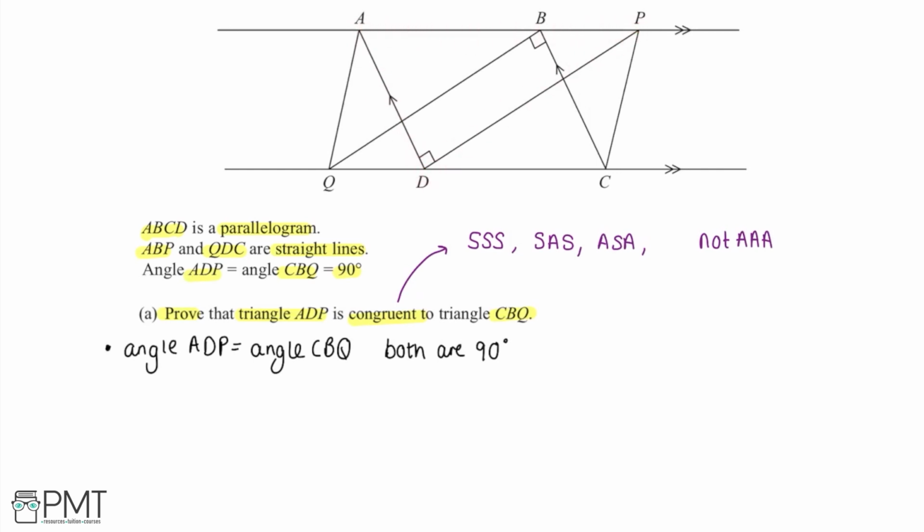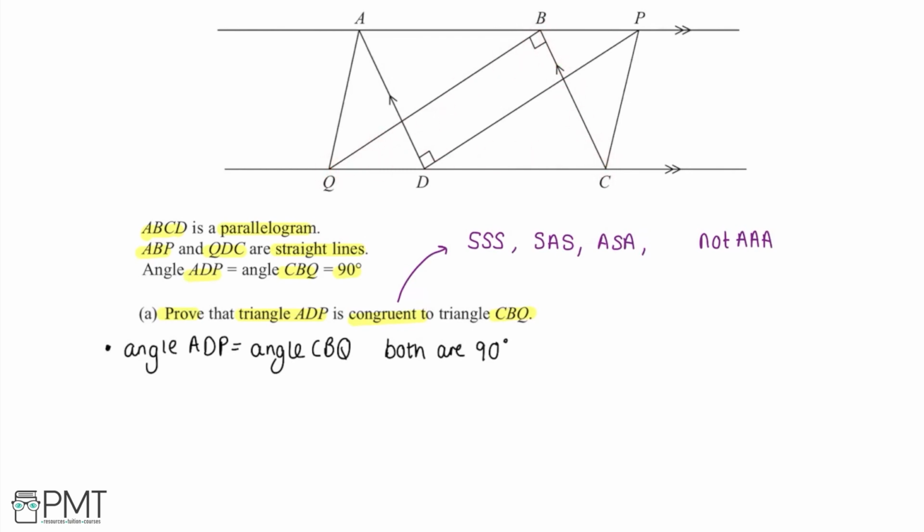So then moving on again, looking at the triangle ADP, we have this side here, side length AD, and side length BC. Now these are parallel, they're in a parallelogram, and opposite sides of a parallelogram are going to be equal. The side length AD is obviously in the triangle ADP, the side length BC is in this triangle here.